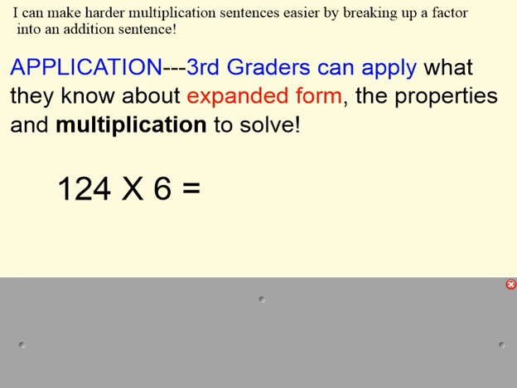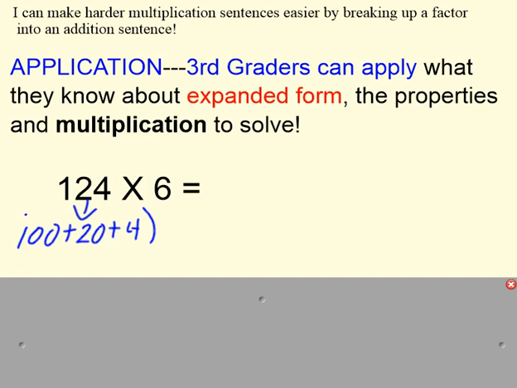But one way that we learned is that we can break this 124 up. We learned the distributive property, and we can break it up into its expanded form. So this would be 100 plus 20 plus 4.